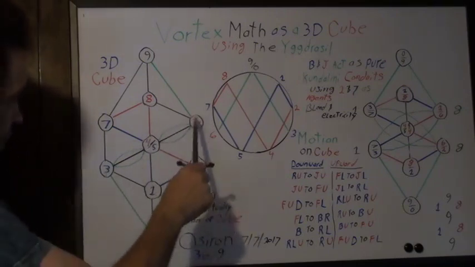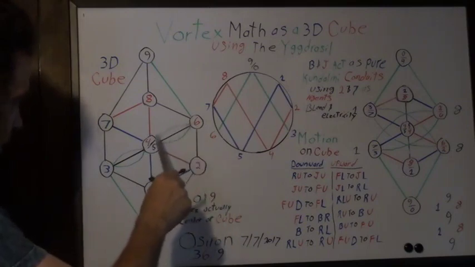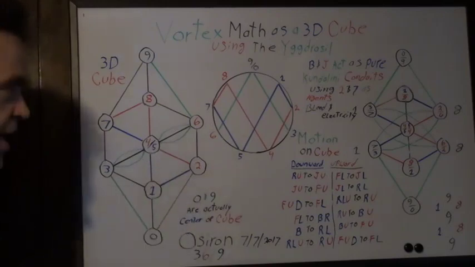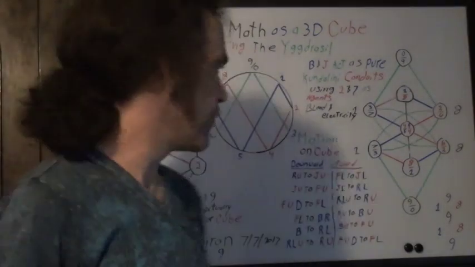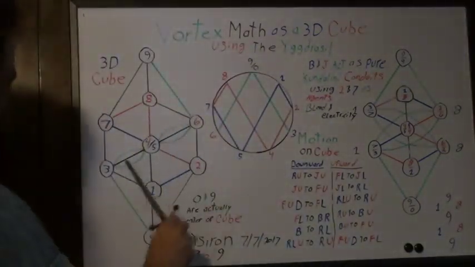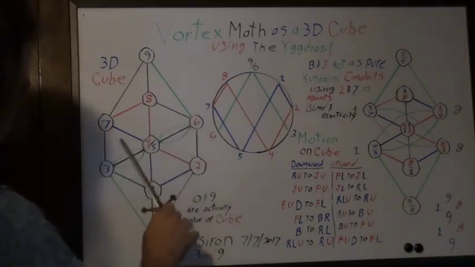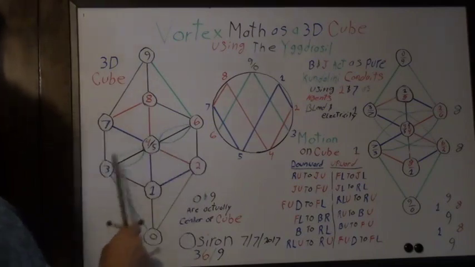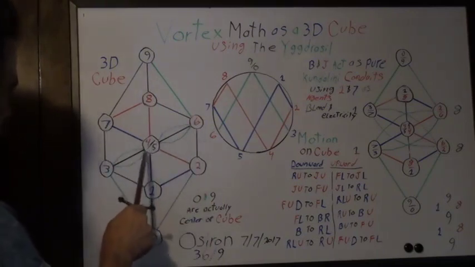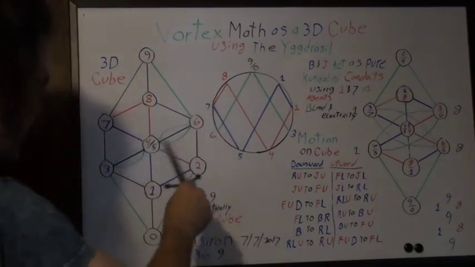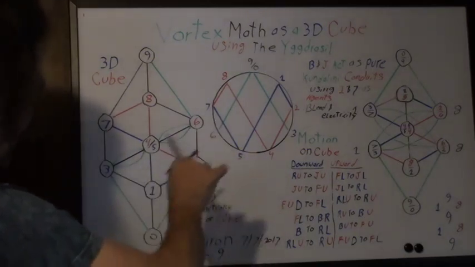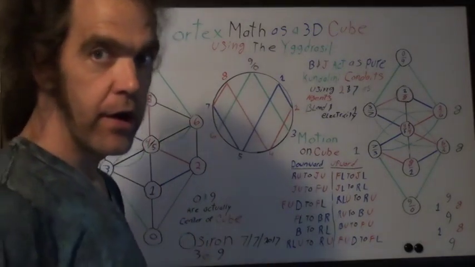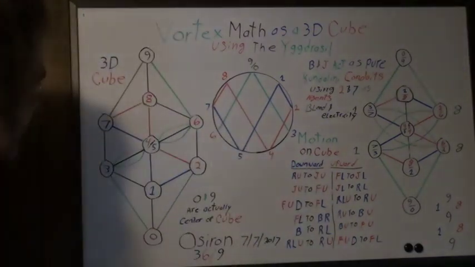The greens I shortened to go to the middle in a loop like that, but that's just to show that they're going cross-angularly. Because if you remember, all the angle points of the cube reduce to 9. We've got 1 and 8, 2 and 7, 3 and 6, and then in the center 4 and 5. All those angles. So the Kundalini itself is actually going on angular patterns through the center of the cube. And that's why that's like that.